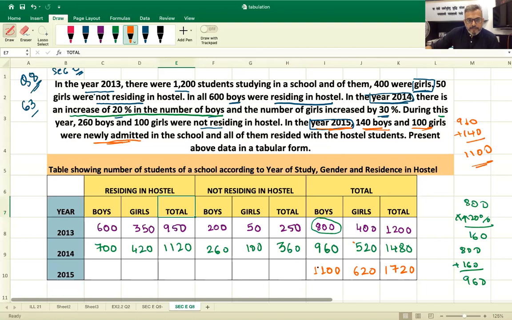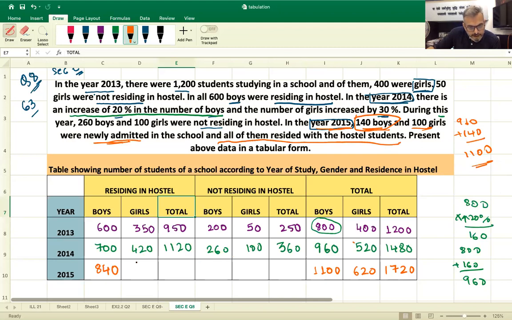Now, and all of them resided with the hostel student. Now, यहाँ पे थोड़ा ध्यान देना please, थोड़ा tricky है. अब जितने भी नए आए, यानी ये 140 बॉयज जो न्यूली एडमिट हुए ये सारे हॉस्टल में रहने लग गए यानी 700 थे प्लस 140 जो नए आए तो ये हो गया 840. 420 गर्ल्स ऑलरेडी हॉस्टल में रह रही थी और ये जो नई 100 गर्ल्स आई वो भी हॉस्टल में ज्वाइन हो गए.